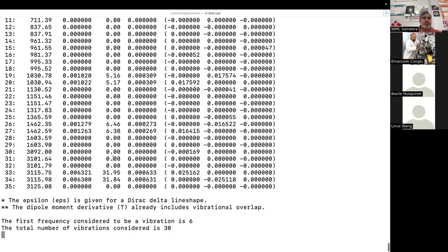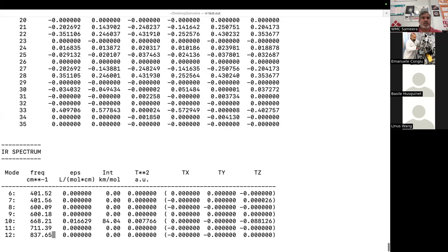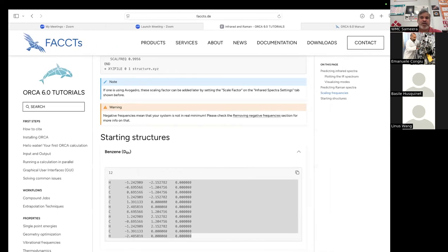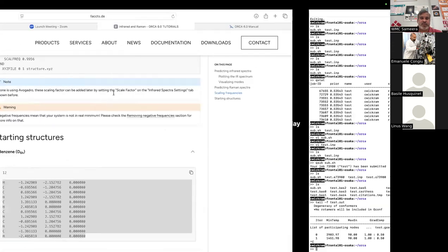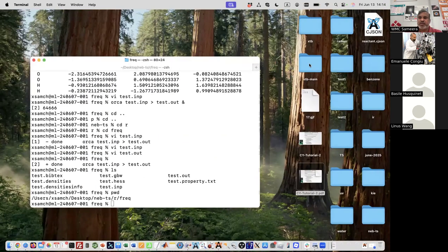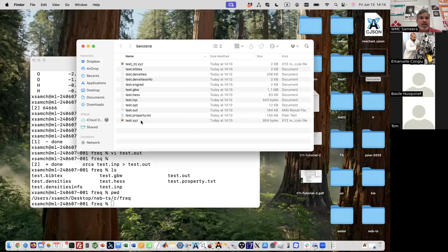And there are two more peaks here. And some minor peaks appear here and there. But if you use Avogadro, you can visualize the vibrational spectrum. So let's look at the vibrational spectrum.